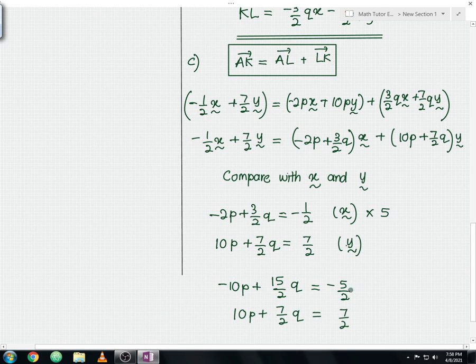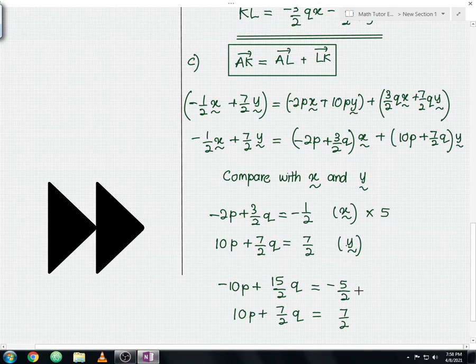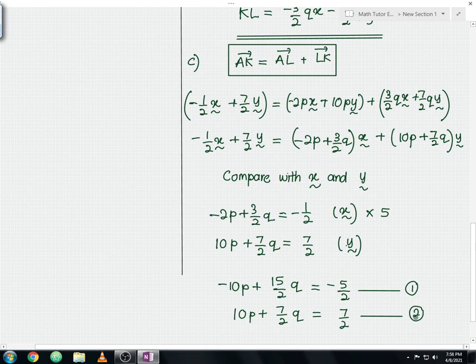Okay, let me label this equation as 1 and this equation as 2, guys. Okay, so from here, in order to eliminate the variable p, equation 1 will have to plus with equation 2.